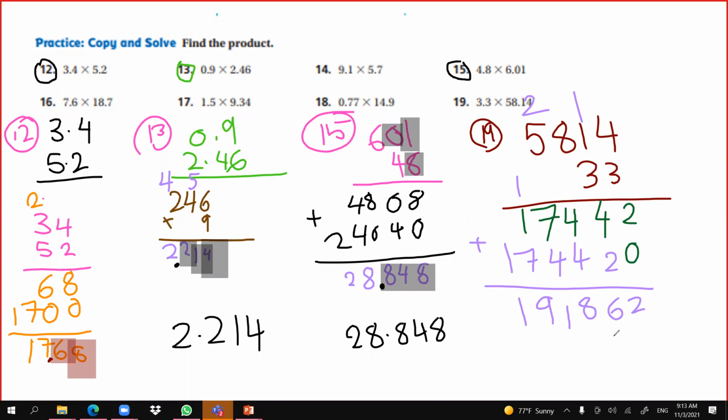Then where do you have to put the decimal point? Yes, bravo. Here we have 2, here we have 1. So we have to put it after 3 digits. So the answer is 191.862.